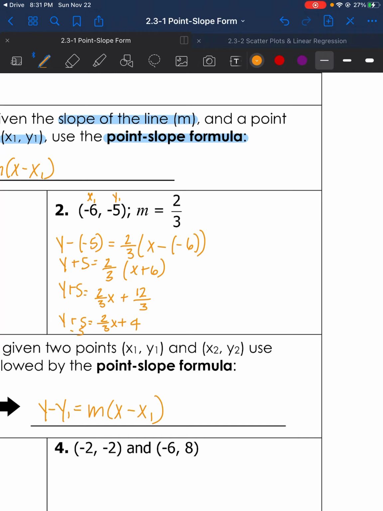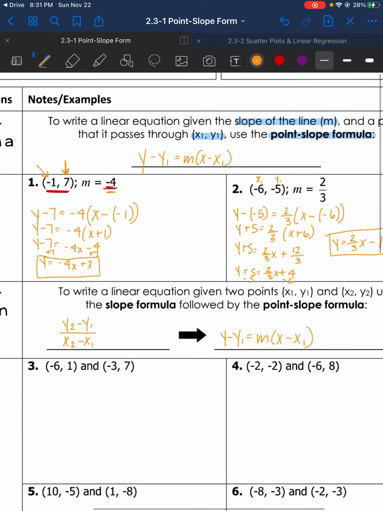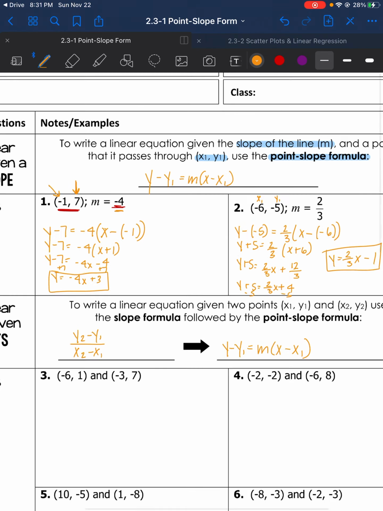And then we'll subtract 5 from both sides. We'll get y is equal to 2/3 x minus 1. And there is that. Okay, so that is if you're given one point and the slope.